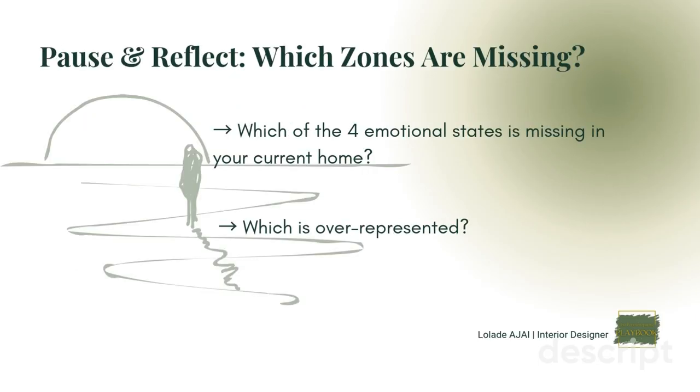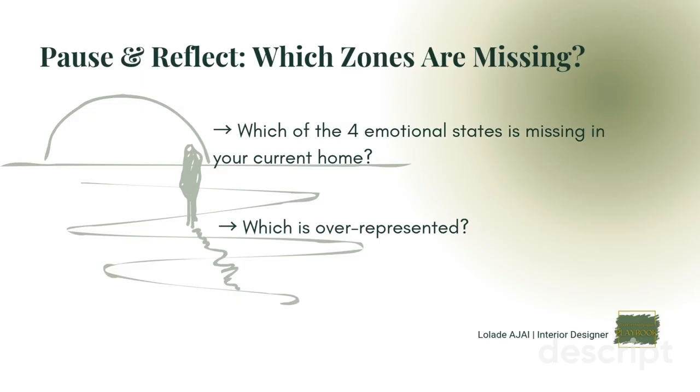Right, now that we've touched on the basics that we're going to build on in the next modules, let's do another pause and reflect exercise. I want you to reflect on these prompts. Which of these four emotional states do you find is missing in your space? This is where you have to be the detective in your own home, meaning you have to begin to pay attention to how you feel in different zones or spaces of your home.